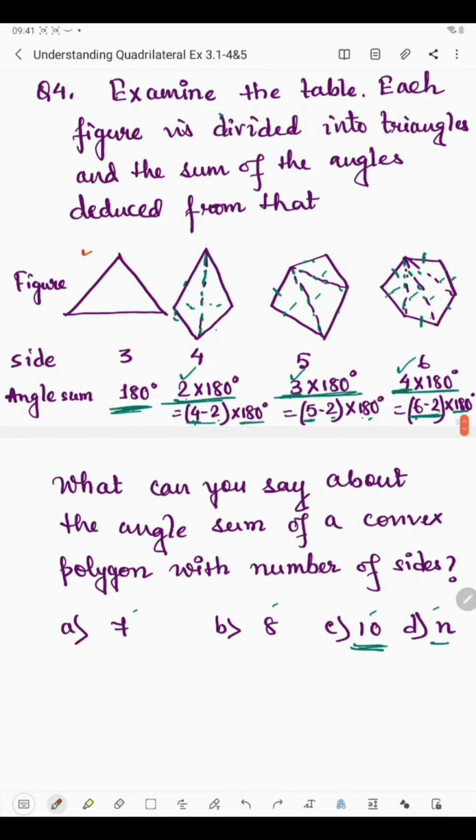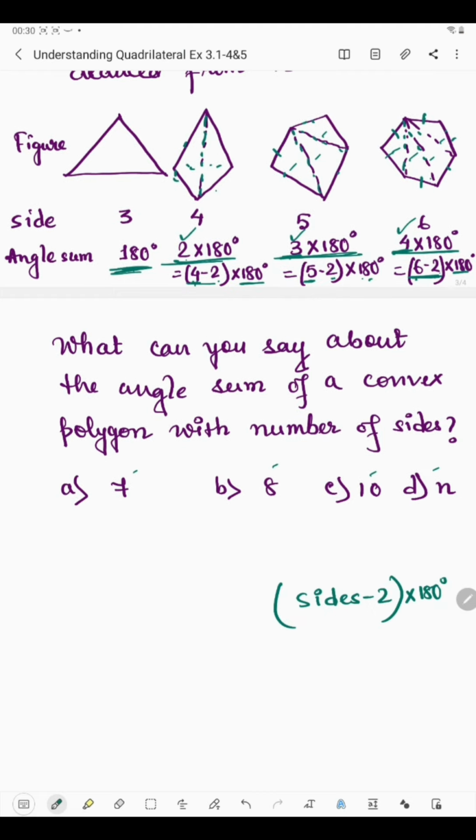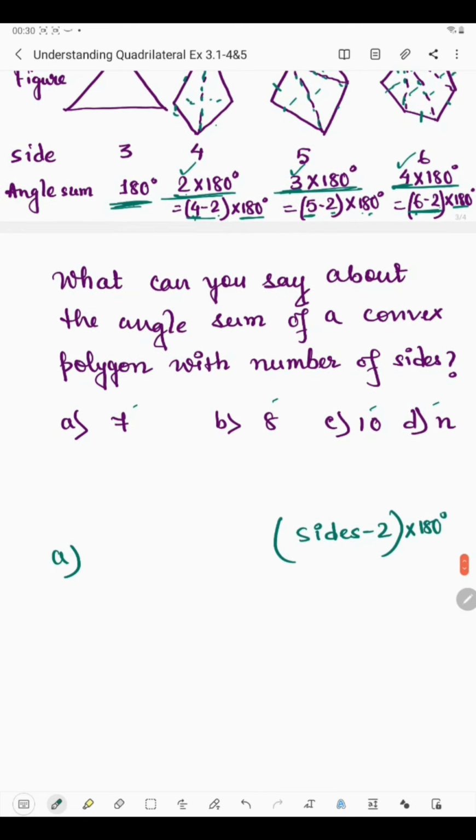Now from the upper part we have concluded that to get the angle sum we just count the number of sides, subtract 2 from the number of sides, and multiply by 180 degrees. So the formula will be: 2 subtracted from the number of sides, multiplied by 180 degrees.